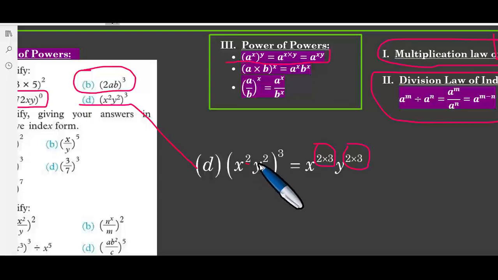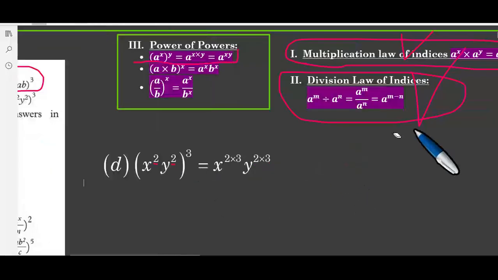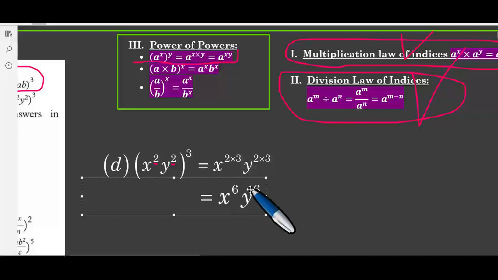Here we already have exponent 2. Now we multiply the exponent. This is the rule of power of powers. And then the final step is as follows. This is the final step here.